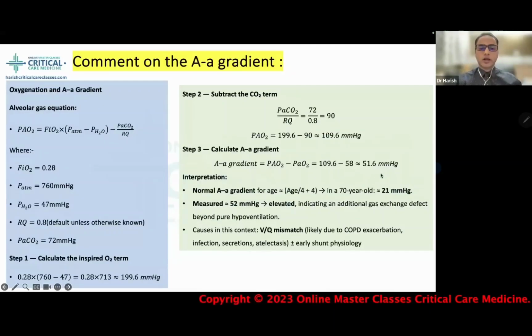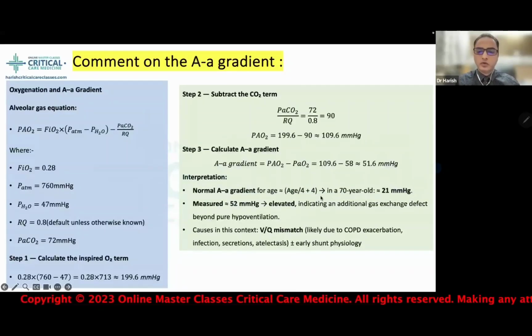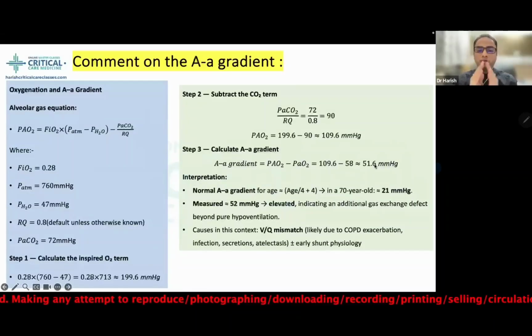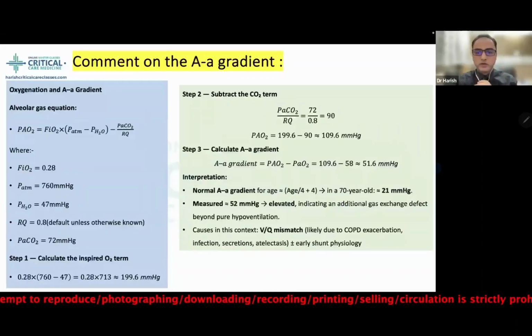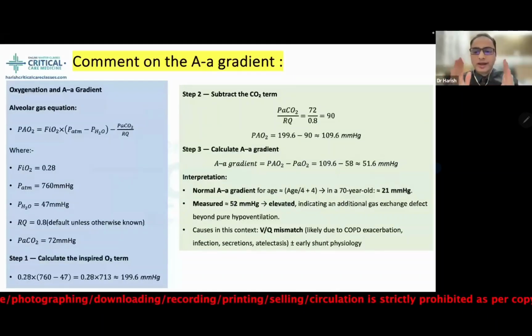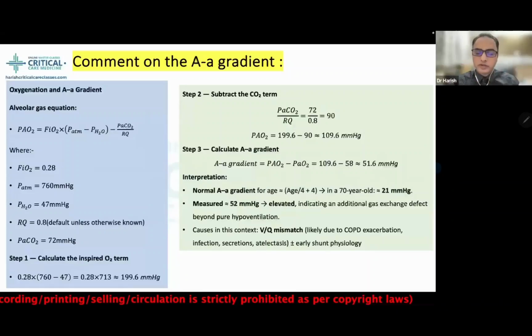The normal AA gradient for a particular age is age divided by 4 plus 4. The patient is 70 years old, so the expected AA gradient should be around 21, but we got a value of around 51.6. So the measured value, around 52, is elevated, indicating an additional gas exchange defect beyond pure hypoventilation.